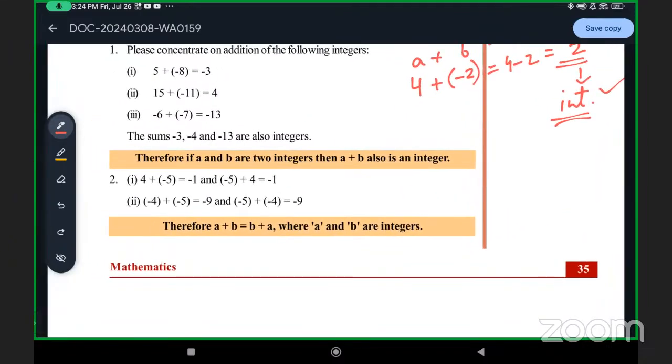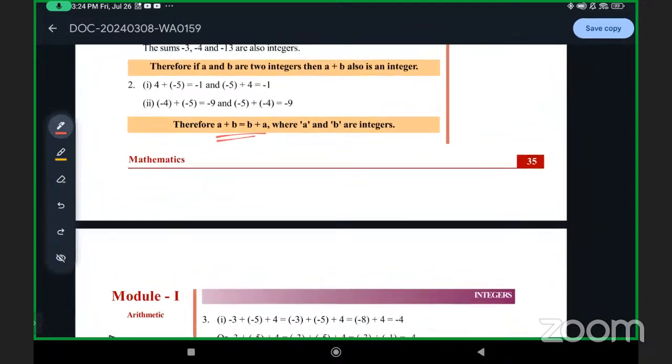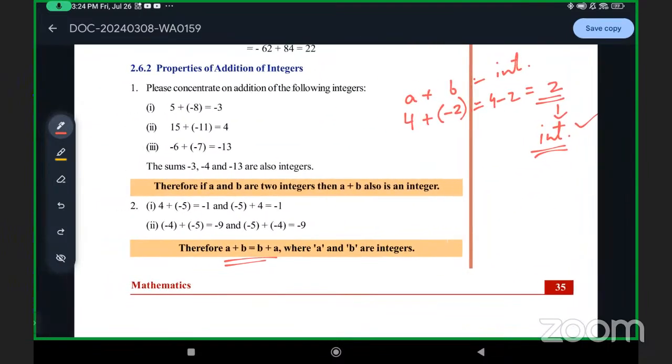Then a plus b equals b plus a. Your first integer plus second integer will be equal to second integer plus first integer, where a and b both are integers. Let's take this example only: 4 plus minus 2 equals minus 2 plus 4. First, solve the first part. This is my a plus b, this is my b plus a.